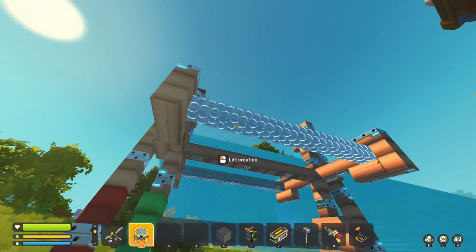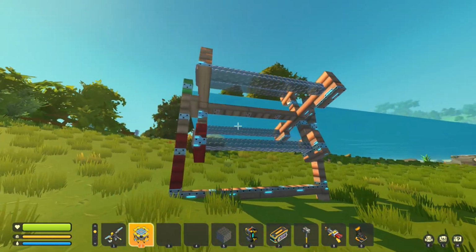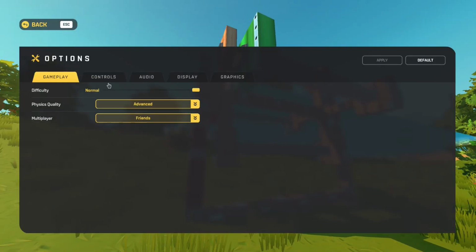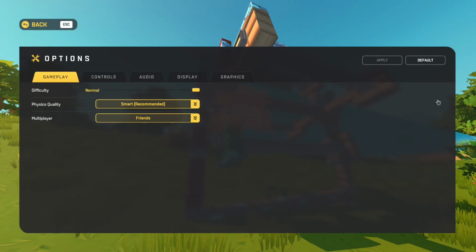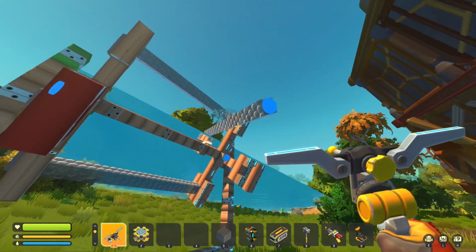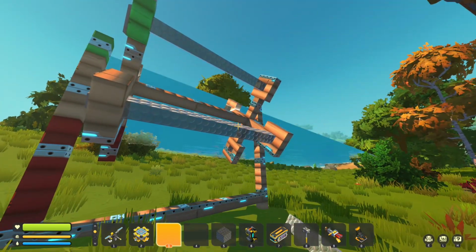These are all on their own grids. See? And if I were to switch this to smart physics, that's why it's not on smart physics.